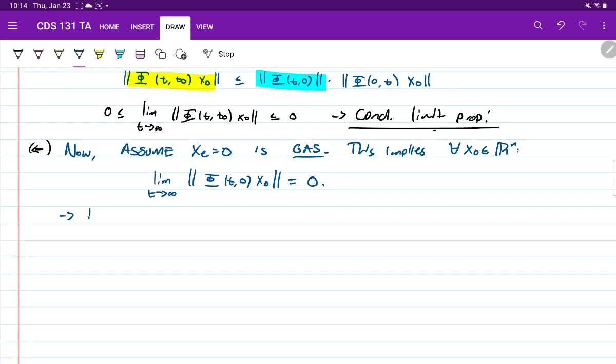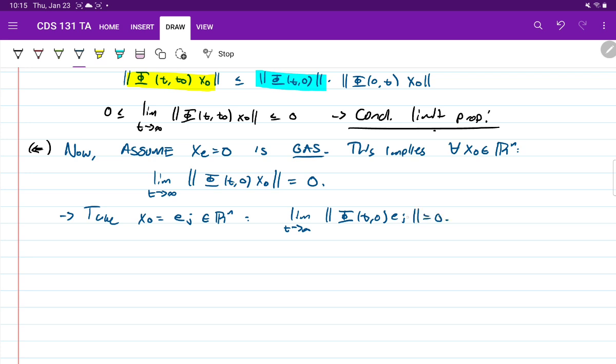All right? So I'll say take your initial condition x naught equals ej in Rn, right? So this is the jth standard basis vector in Rn, which contains a 1 in component j and zeros everywhere else. What the above tells us is that the limit as t goes to infinity of the norm of phi t0 ej equals 0, right?